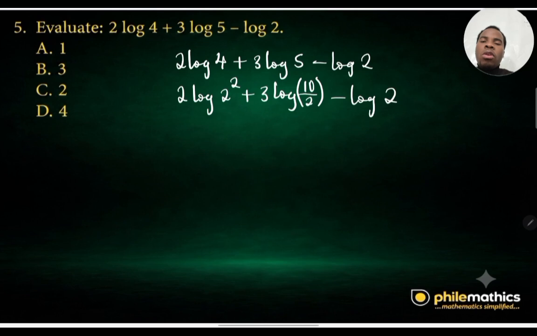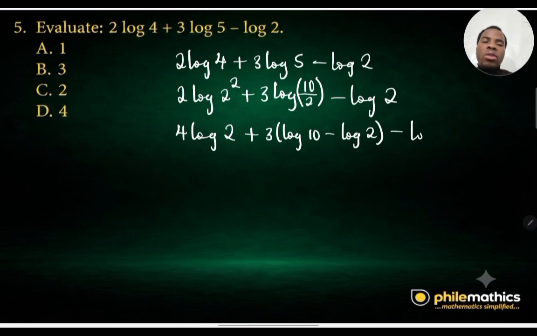From laws of logarithm, when we raise the base to a power, the power multiplies the log. So these 2 multiply these 2, we have 4 log 2 plus the logarithm of this fraction is the logarithm of the numerator minus the logarithm of the denominator. So this is same as 3 log of 10 minus log of 2.